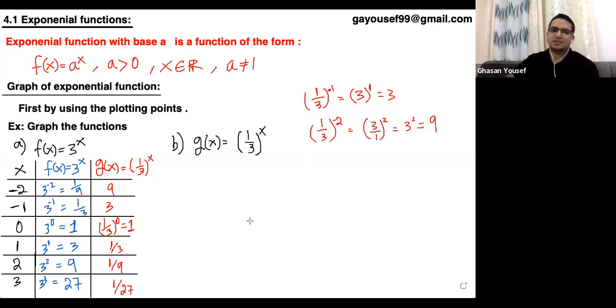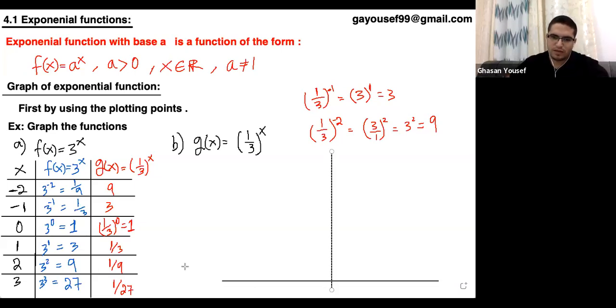Okay, let's graph both of the functions. So here's the Cartesian plane. Here is the x-axis, and this is my y-axis. Now let's start with the blue one, but I will mark the axes first. On the x-axis: 1, 2, 3, 4, 5, 6, and to the left, minus 1, minus 2, minus 3, minus 4, and minus 5.